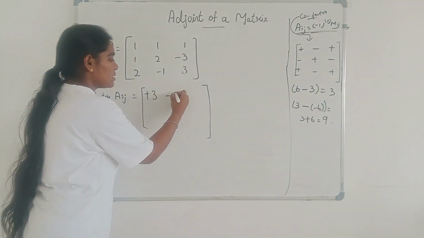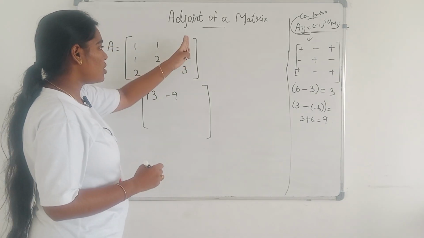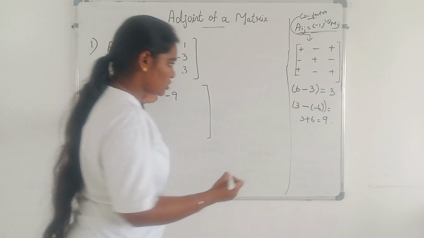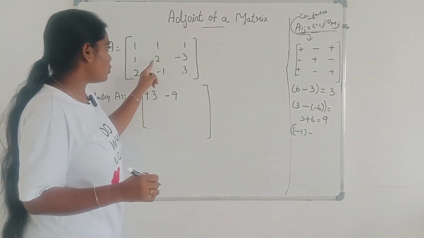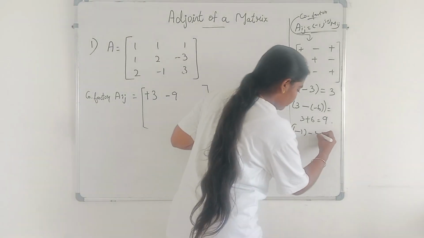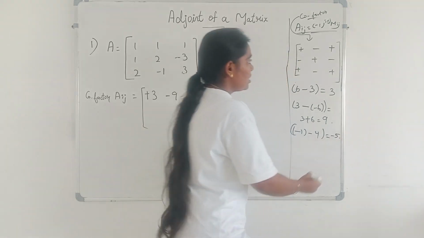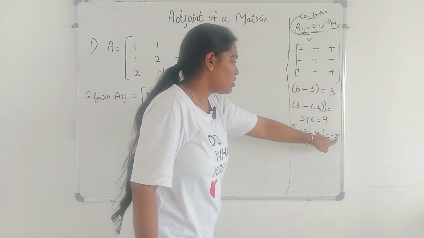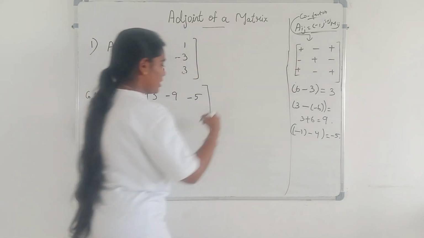So minus 9. Next, for this element, deleting the corresponding row and column, 1 into minus 1, minus 1, minus 2 into 2, 4. So minus 1 minus 4, minus 5. The sign is plus, so minus 5. Since the sign is plus, there is no change.